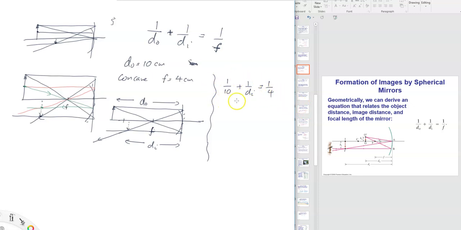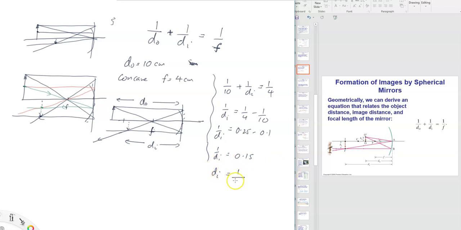We need to find this, so 1/dI equals 1/4 minus 1/10. Either you can do this as 0.25 minus 0.1, so 1/dI equals 0.15.